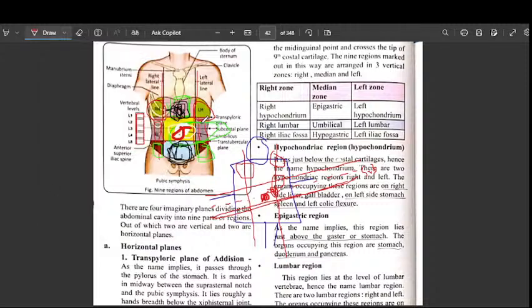So what we got? We got left hypochondrium, left lumbar, left iliac fossa. Right hypochondrium, right lumbar, right iliac fossa. That is epigastric, that is hypogastric, and this is umbilical.